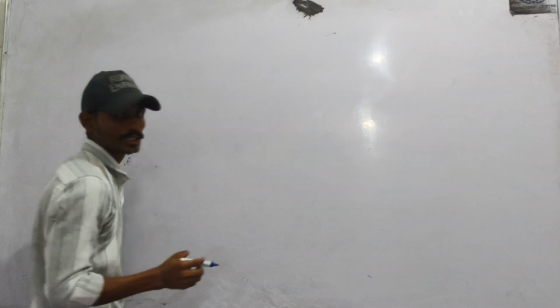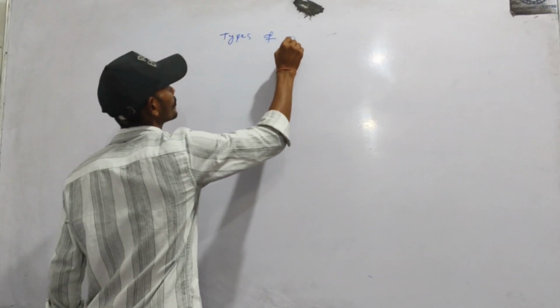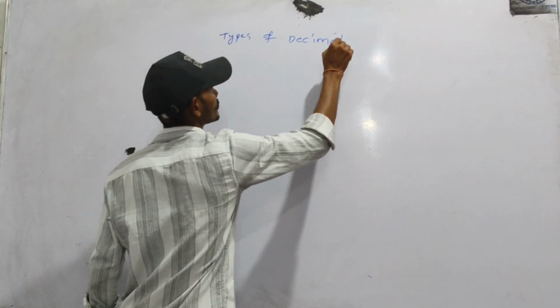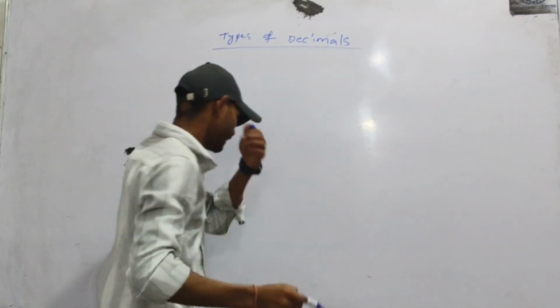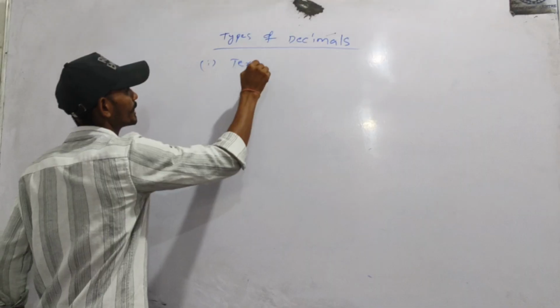Now the next concept is types of decimals. In types of decimals, the first type is terminating.